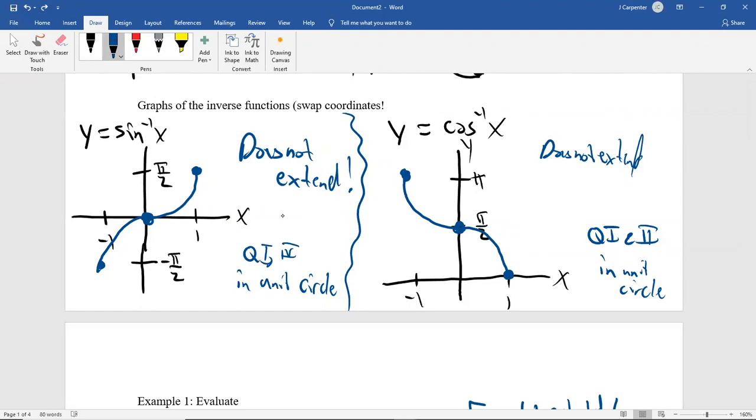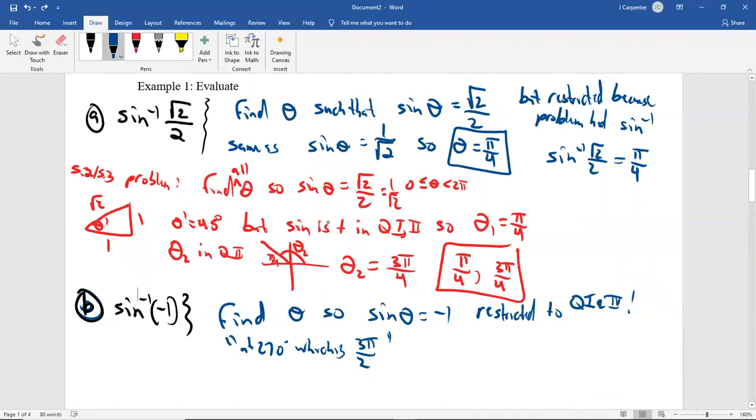So 3 pi over 2 is the same thing as -pi over 2, and this is how you have to answer it for an inverse trig function, because 3 pi over 2 is outside of the range. -pi over 2, the coterminal version of that, just rotating clockwise instead of counterclockwise, is in the appropriate range. So that's the only way to answer it. So theta is -pi over 2.